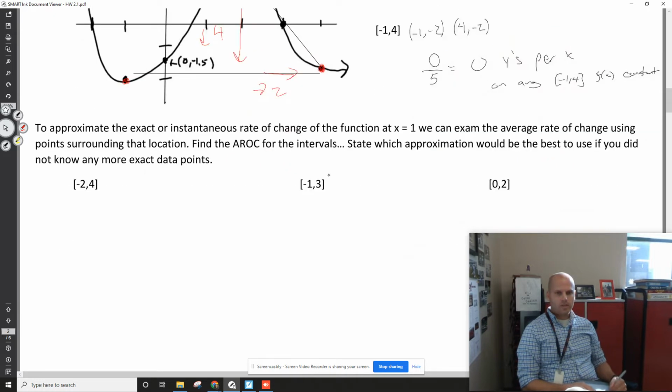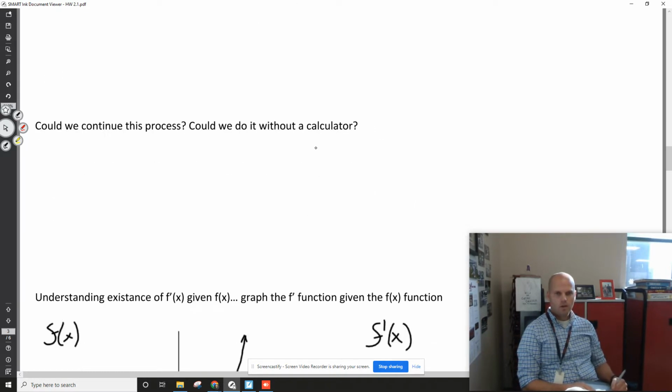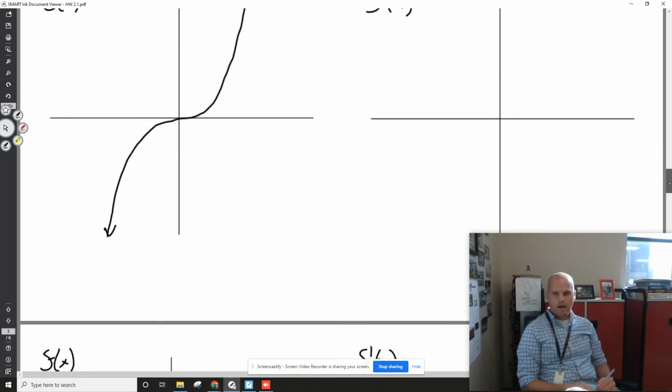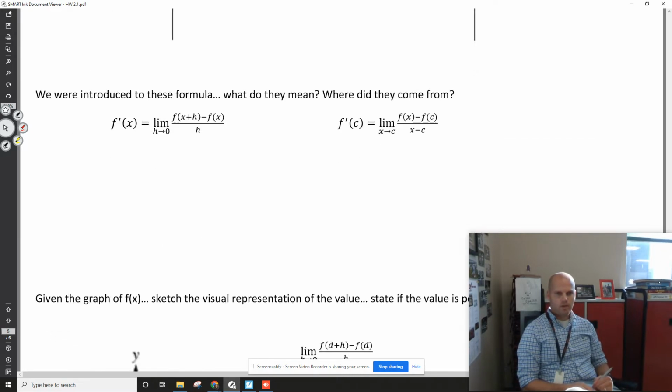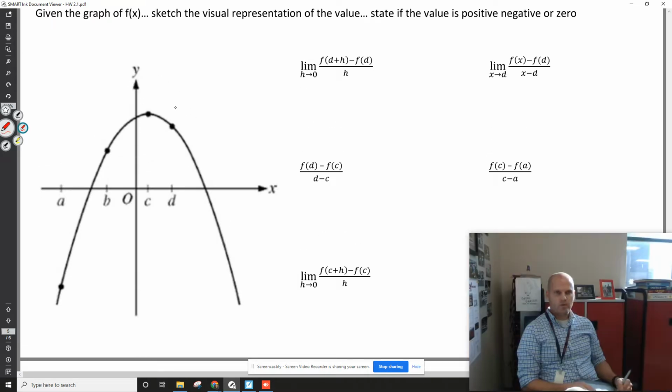Now, we go into the next concept of an instantaneous rate of change, how quickly the function is changing at a point. And this is where we would understand and visualize the concept of a tangent slope. Now, calculating the value of this tangent slope, that was the brilliant discovery by Newton in the 1600s.